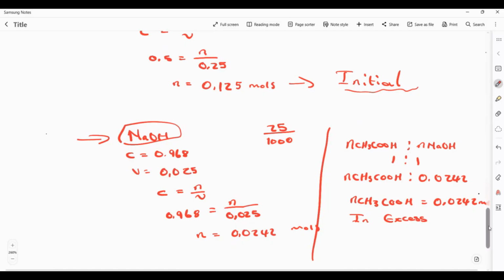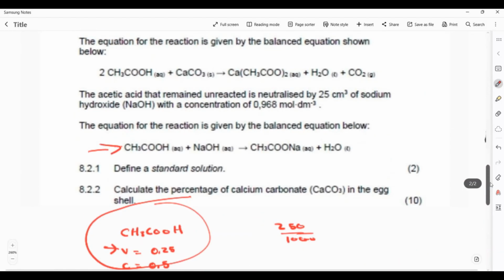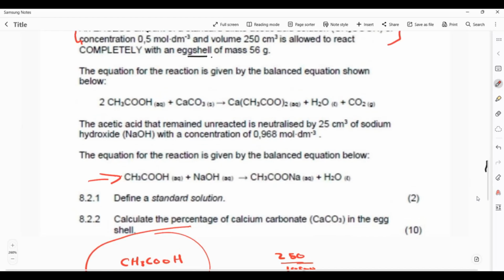Say I've lost you for a minute. Fine. We had this information, but don't forget that I said this is the excess solution. So whatever information of this that you will find, it is for the excess.